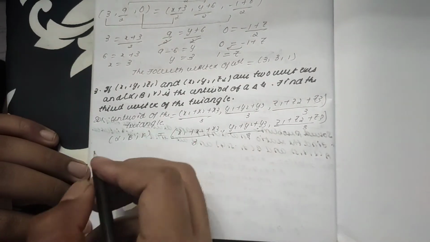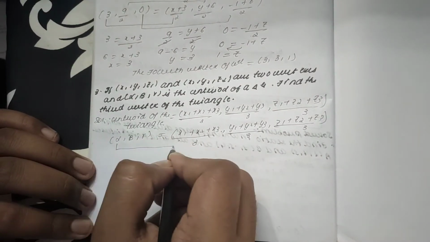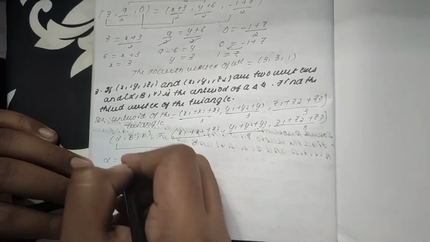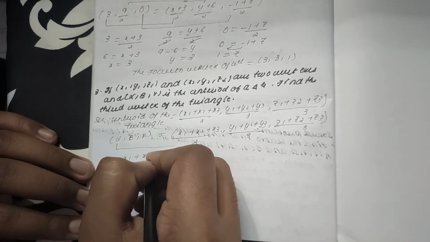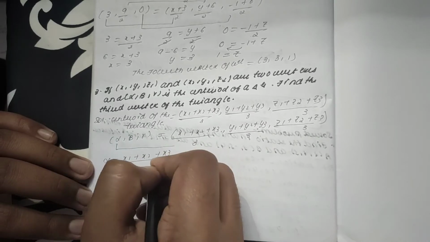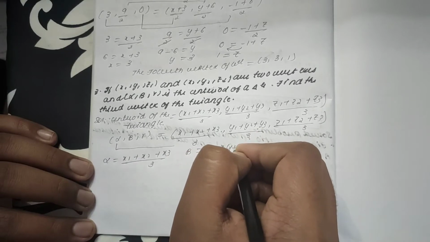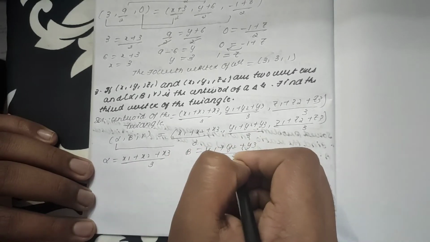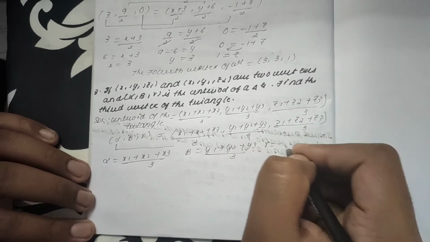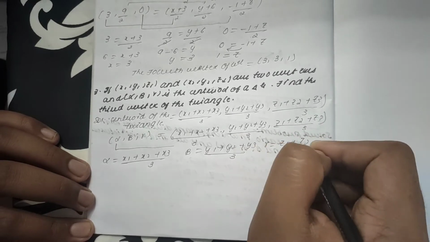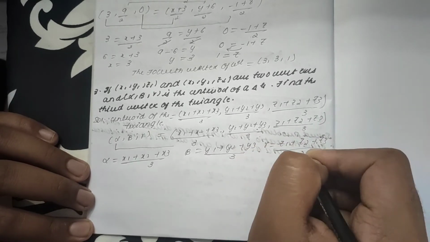So equate these terms. Equate first term with first term and second term with second term and third term with third term, which is alpha is equals to (x1 plus x2 plus x3) by 3 and beta is equals to (y1 plus y2 plus y3) by 3 and gamma is equals to (z1 plus z2 plus z3) by 3.